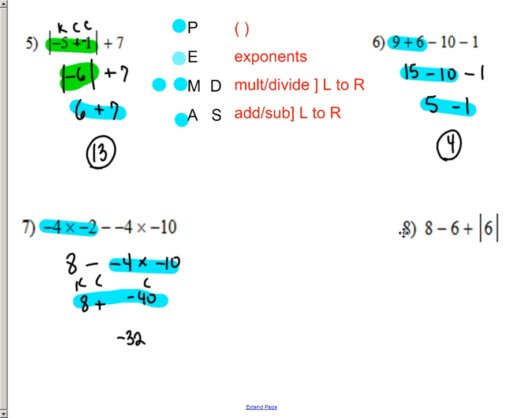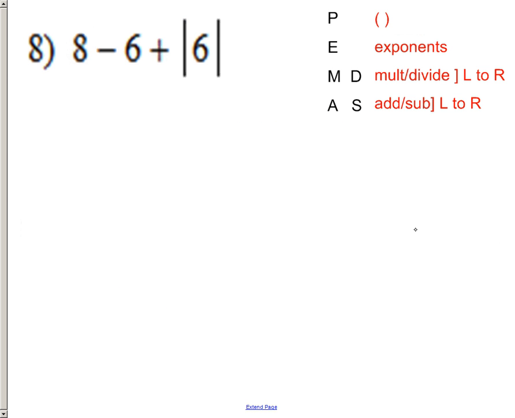Now, I'm going to skip over this number 8 and put it up over here just so we have a little bit more room. Treat the absolute value as a parentheses. We've got nothing else.